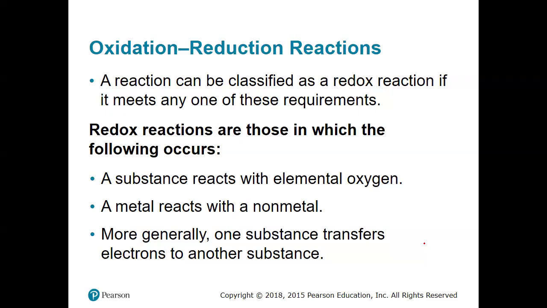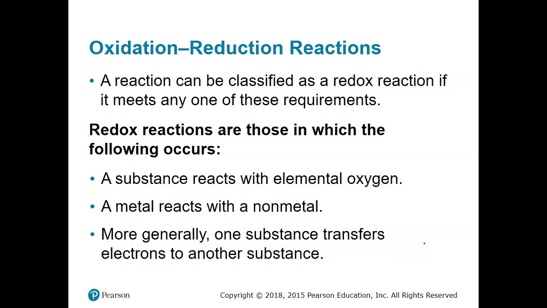When things react with elemental oxygen, the elemental oxygen grabs electrons from them. Oxygen itself is something called electronegative. Electronegative elements will grab electrons from whatever they react with, to bring more electrons to the oxygen in this case.